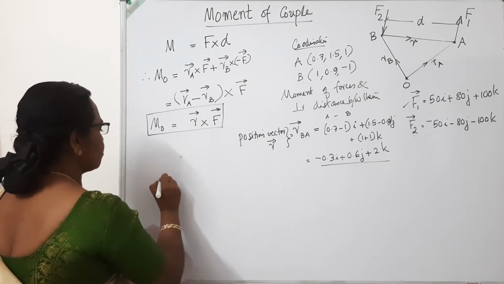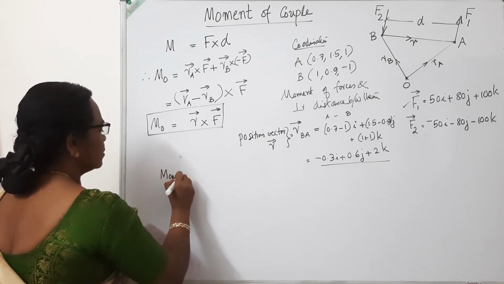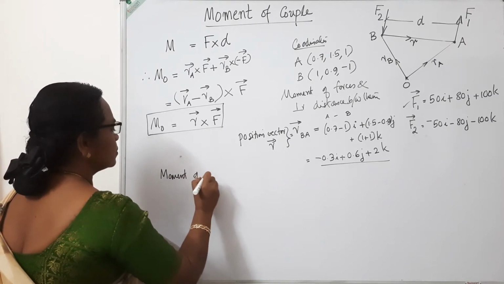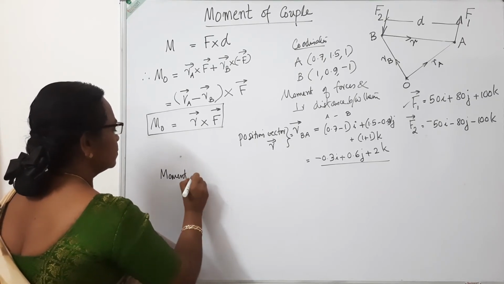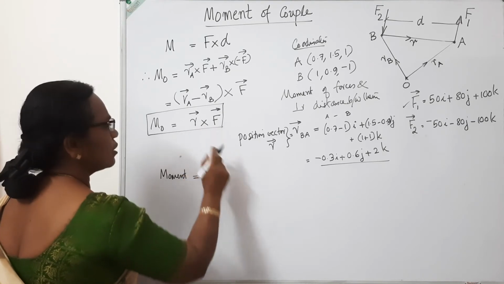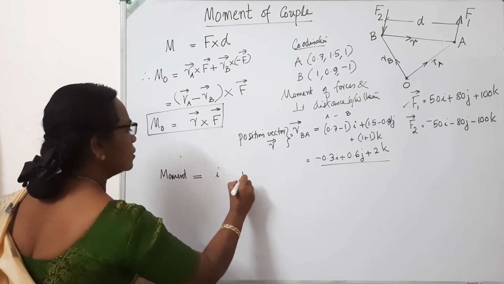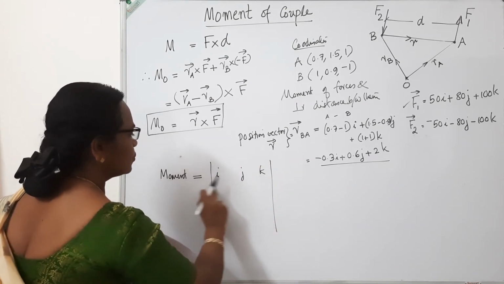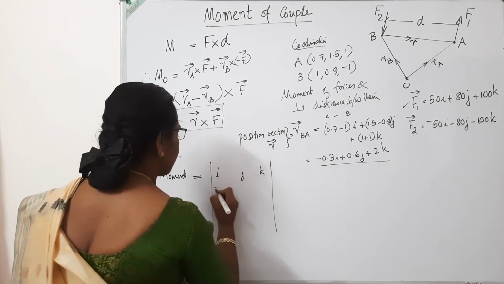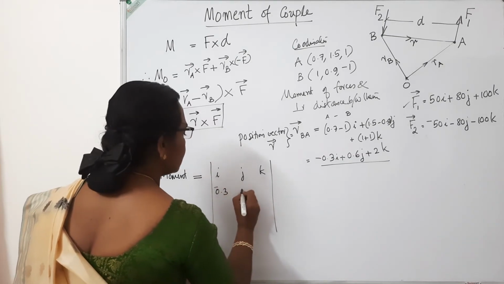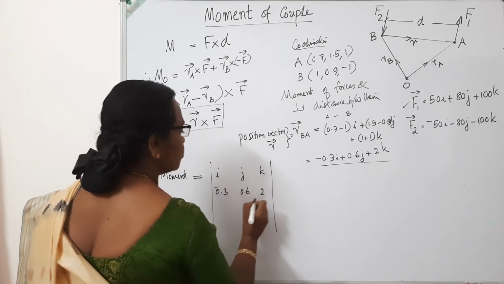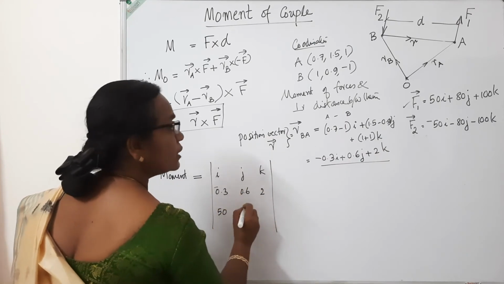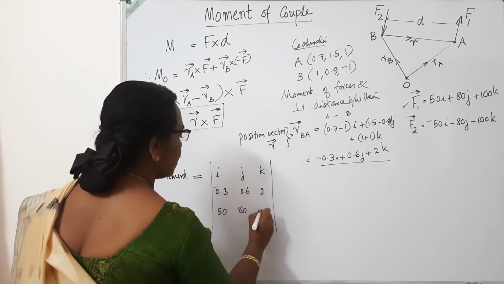So moment of forces is equal to R cross F. So we will write i, j, k in the first row, then R: minus 0.3, 0.6, 2. Then the force vector: 50, 80, 100.